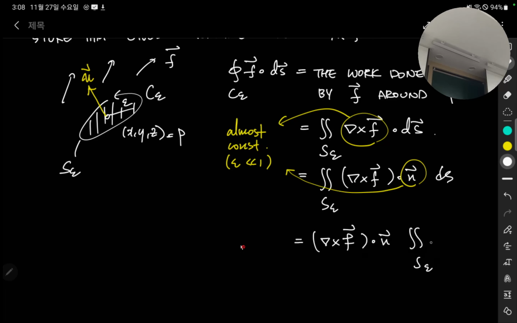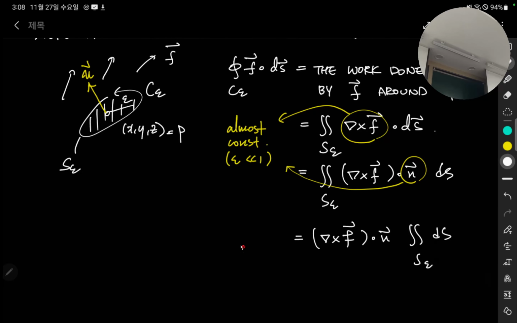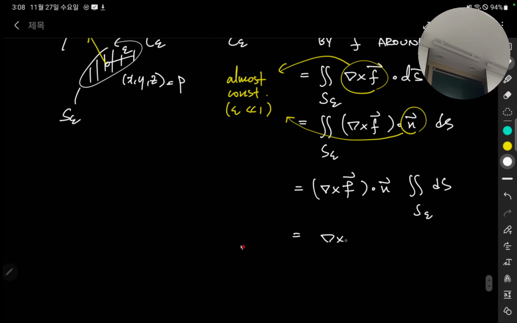And it says it's the inner product of two constant vectors times the area of S epsilon. So what does it say?